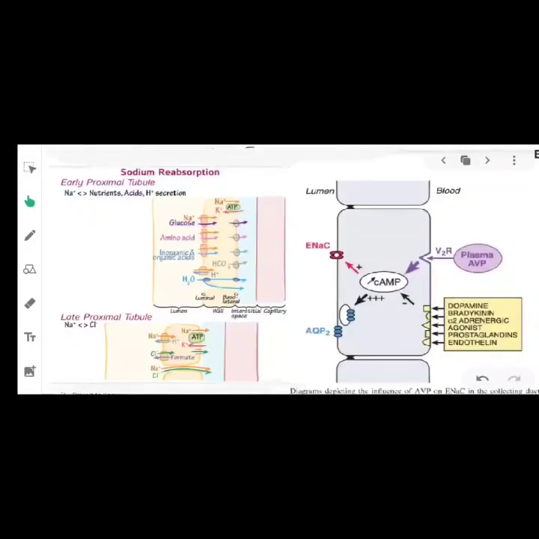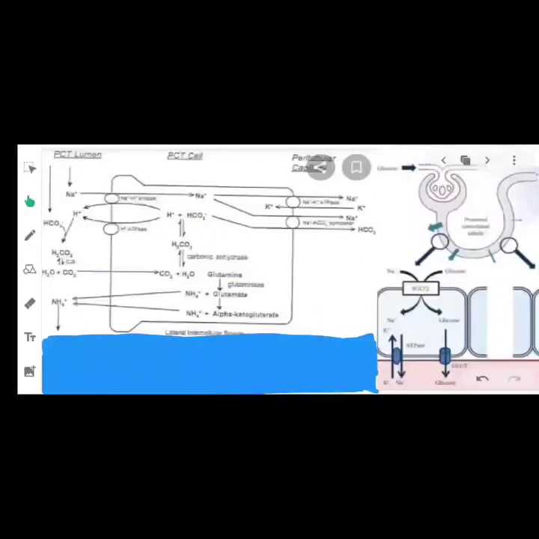Sodium and glucose bind to a common carrier in the lumen membrane of the tubular epithelial cell and then they enter the cell. What is the carrier protein called? It is called sodium dependent glucose transporter 2.